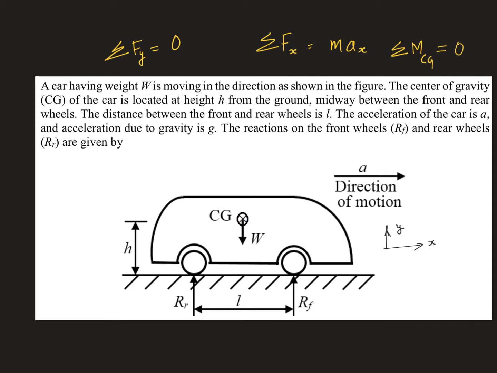Next step is to draw the free body diagram, using which we can detail out these three expressions. We can plug the external forces into these three expressions and solve for these two unknowns, which are the reaction on the front wheel as well as the rear wheel.